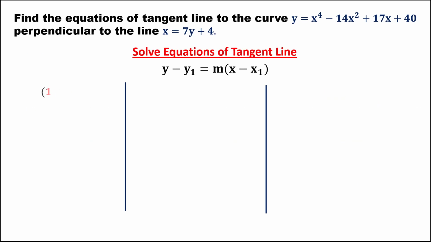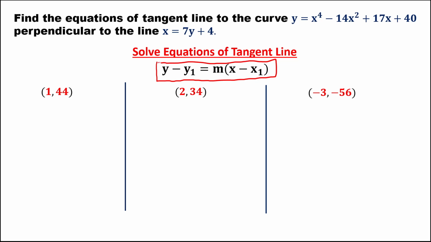Then from these three coordinates, we can find now the equation of the tangent line using this point slope formula. And again, the slope is negative 7. From the first coordinate, take note that this is x sub 1 and y sub 1.